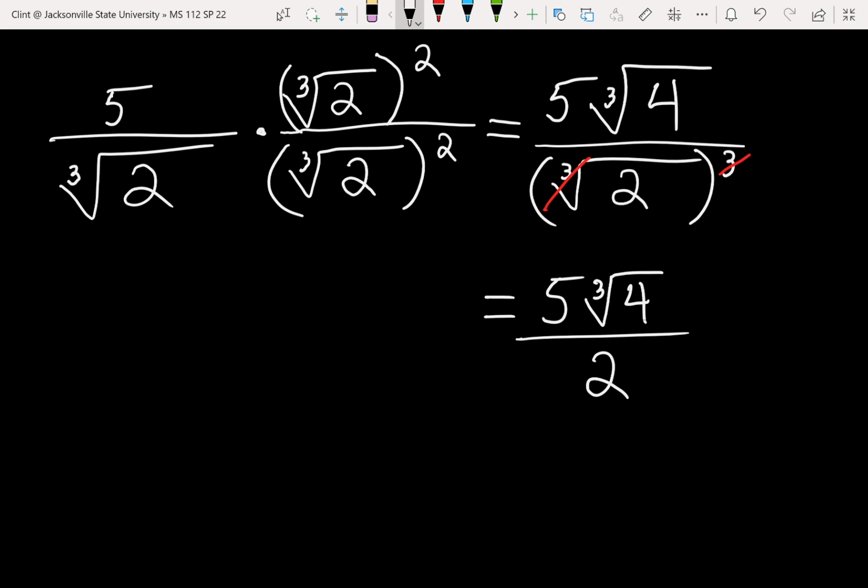So they cancel on the bottom, and that idea you can extend to any index on the radical.